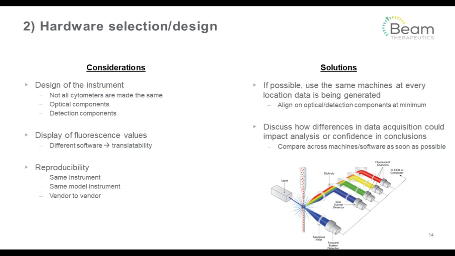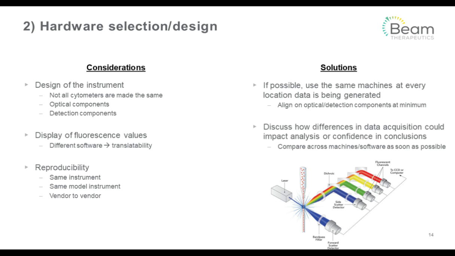Keep reproducibility in mind, whether it's running assays on the same instrument over time, or running the same assay across the same model of instrument from group to group, site to site, or vendor to vendor, for those of you that utilize external manufacturing organizations. Hardware selection is an important stage to optimize with reproducibility in mind.